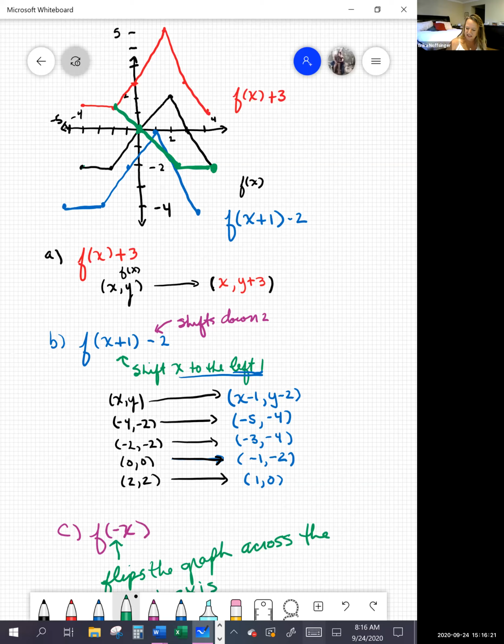And then what else do we have? This point down here that was at 4, -2 is now -4, 2. Okay, so this is the reflection of the black graph, f of x, in the green.